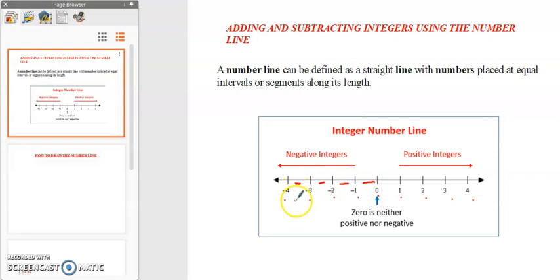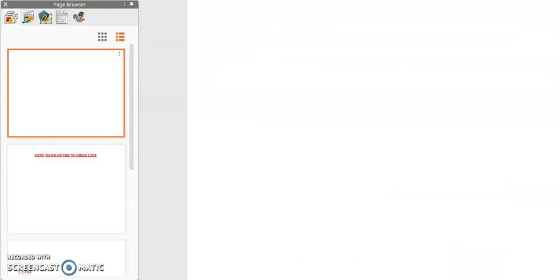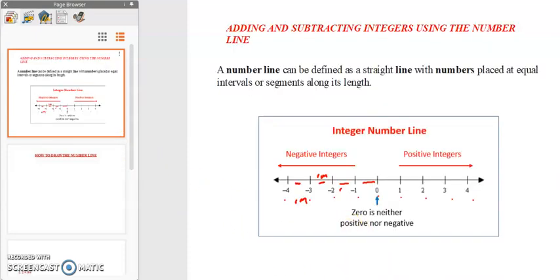If you have 1 meter here, you also have 1 meter right here, and so on. So this will help us understand better how to calculate values using the number line.